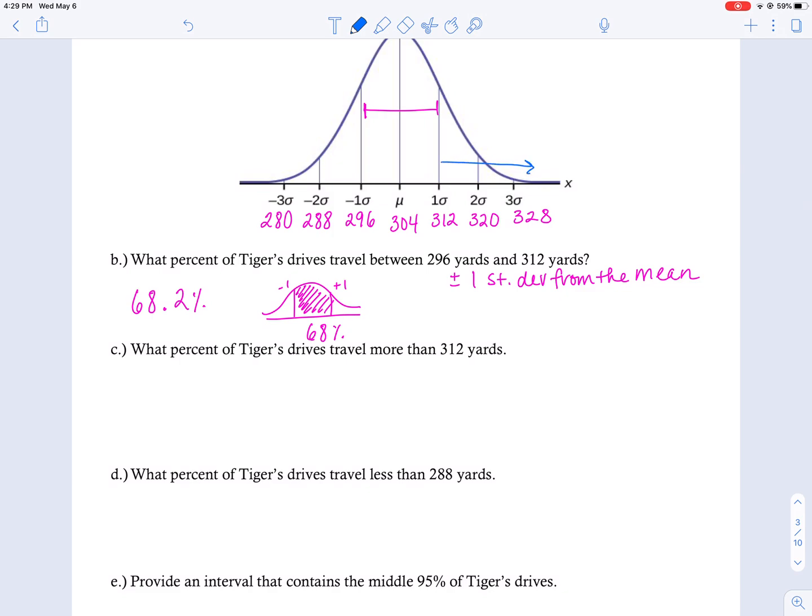Does everybody see that? So when you think about above that first standard deviation, it's going to be your 13.6, right? You're going to add 13.6. So where am I getting 13.6?